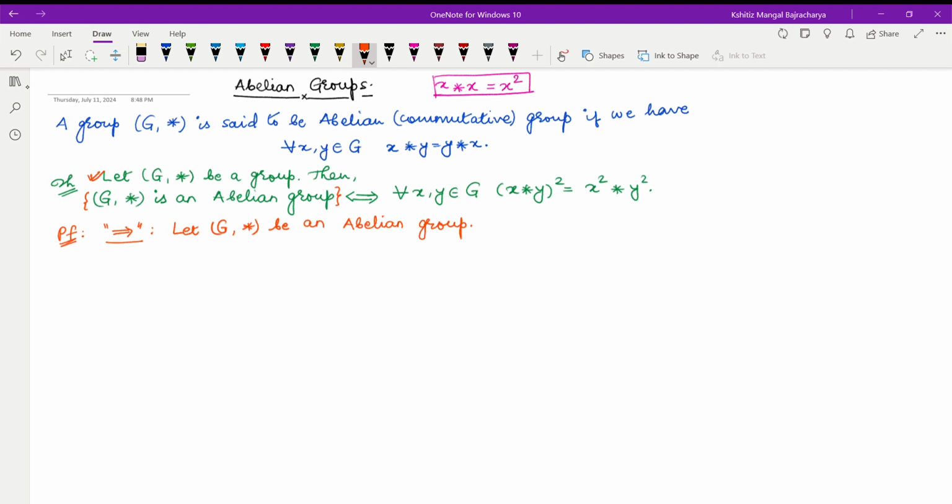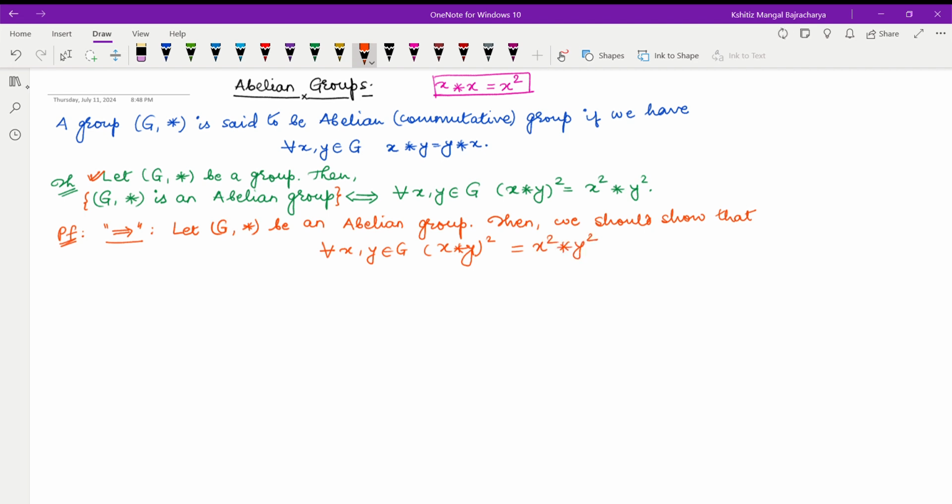Then we should prove that for all x, y belonging to G, (x star y) whole squared is equal to x squared y squared.